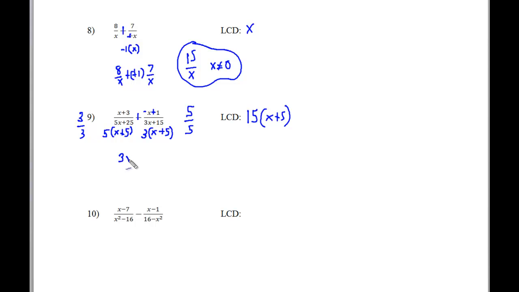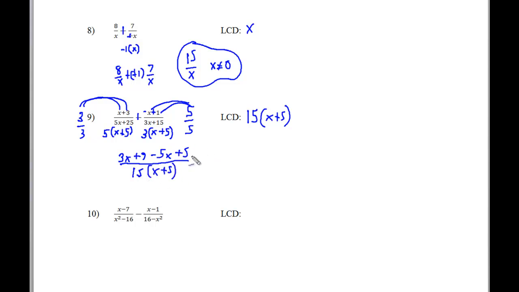So this is 3x plus 9, because I'm distributing the 3 to the x and the 3. And I distribute the 5 here to the 1 and the negative x. So this is going to be minus 5x plus 5 all over 15, now that we've multiplied and got our denominator to be 15 times x plus 5.